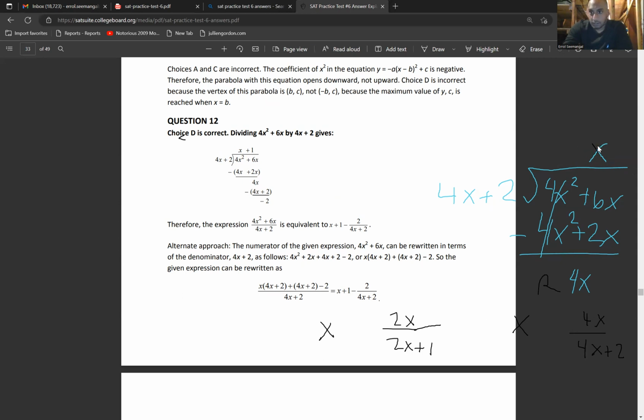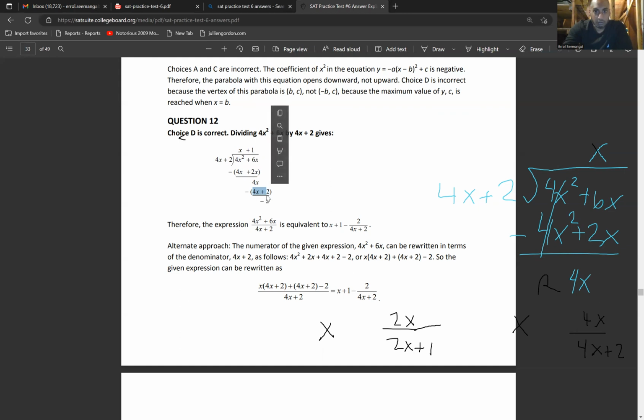This x right here belongs up here. We got this 4x right here, and then we forgot this 1 right here. 1 times 4x plus 2 is this 4x plus 2.